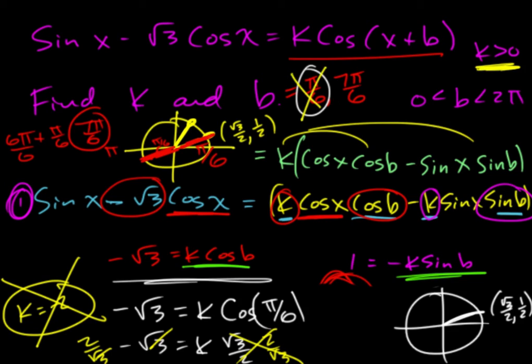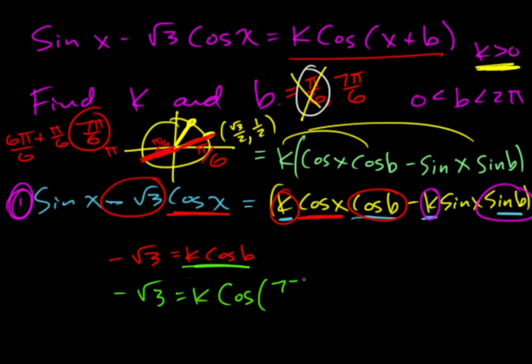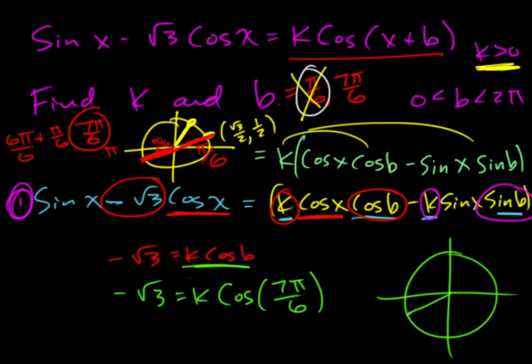Now we're going to do something similar. We're going to use that same equation, but this time we're going to plug in 7 pi 6. So negative square root of 3 equals k cosine of 7 pi 6. Now 7 pi 6 is right here, which goes to here, which goes to here. So this is square root of 3 halves, 1/2. Over here would be negative square root of 3 halves, 1/2.